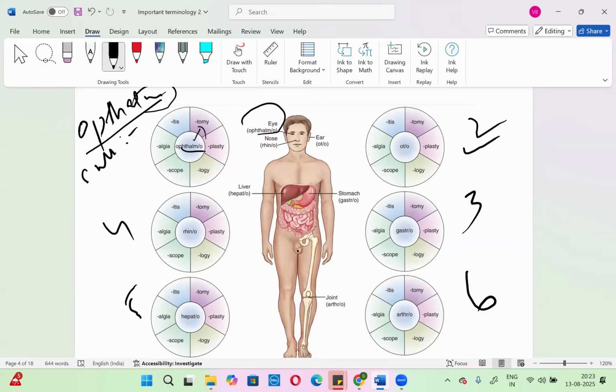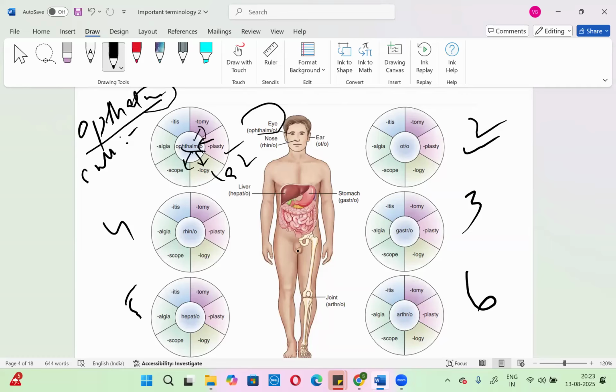Okay. Now next we can see ophthalmoplasty. Plasty is what we have learned now. What is plasty? A repair. So they are doing the repair in the eye. Next, ophthalmology. What is logy? Logy is nothing but study. So where are they doing the study? In the eye. Similarly, ophthalmoscopy.